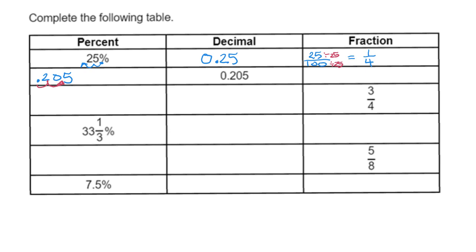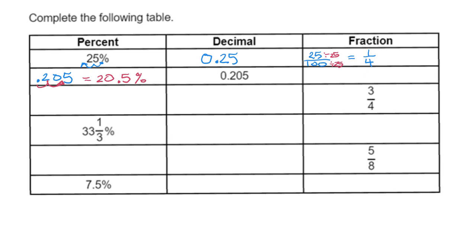Move the decimal 2 places to the right, so that becomes 20 decimal point 5 with a percent. So that is my percent, 20 and 5/10%. Sounds strange, but it works.